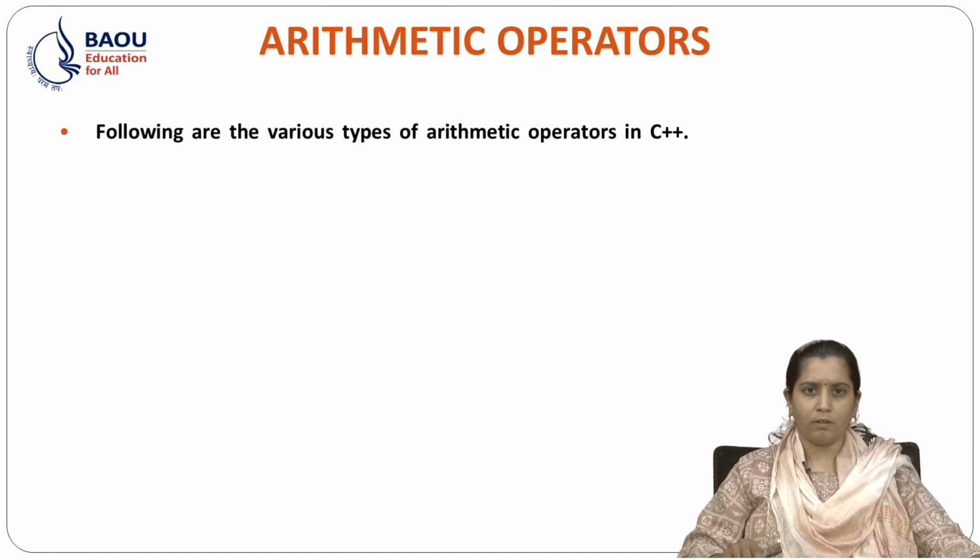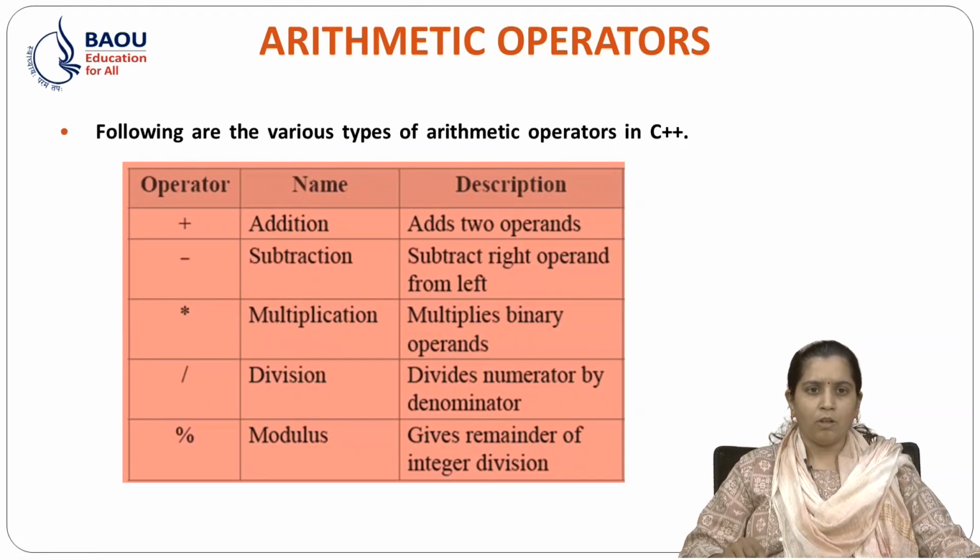Arithmetic operators. Arithmetic operators are used to perform basic mathematical operations such as plus, minus, that is addition, subtraction, division, multiplication, etc. So, what does plus do? Plus operator does add two operands.